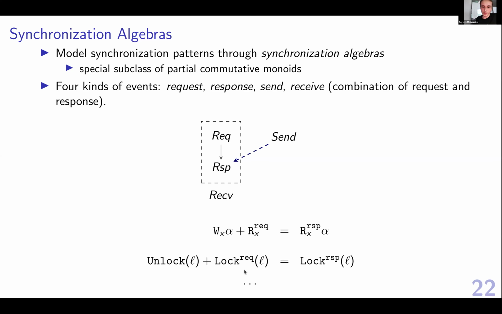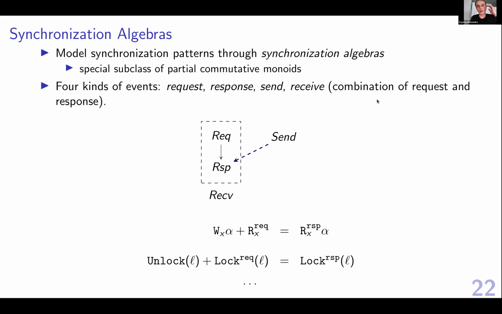Let's consider locks. Whenever we have some lock object, we can lock or unlock it. The idea is the same: whenever we want to lock some mutex, we need to find an unlock event that released it previously, and we need to synchronize with it.